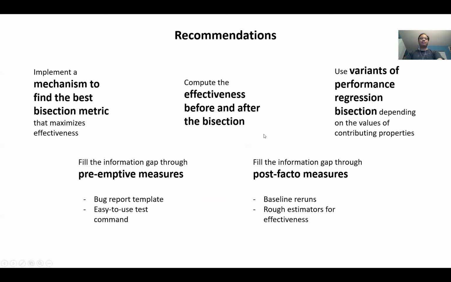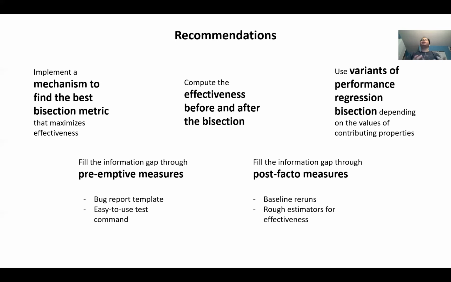Okay, so these are the recommendations that I've included. And again, I've summarized all of these in the paper as well. We already talked about these last 2 here at the bottom. The other 3 are implementing a mechanism to find the best bisection metric. So again, it's important for us to figure out exactly what metric is going to maximize the chances of us having a successful bisection.